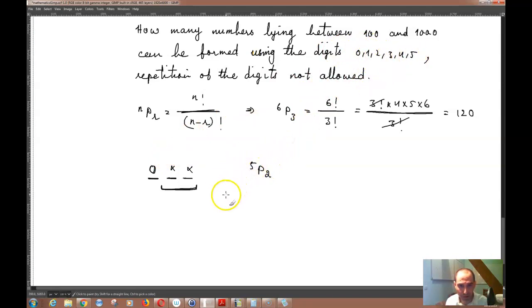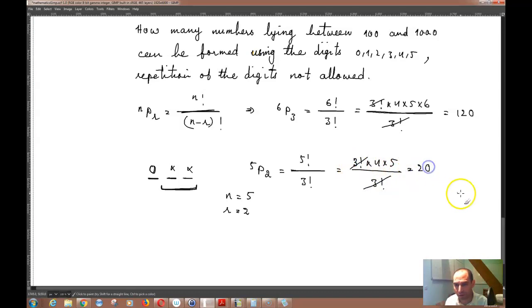So that means that my n would be equal to 5, and my r would be equal to 2. So 5 permutation 2 is equal to 5 factorial over 3 factorial, which is 3 factorial times 4 times 5 over 3 factorial, and that is equal to 20.